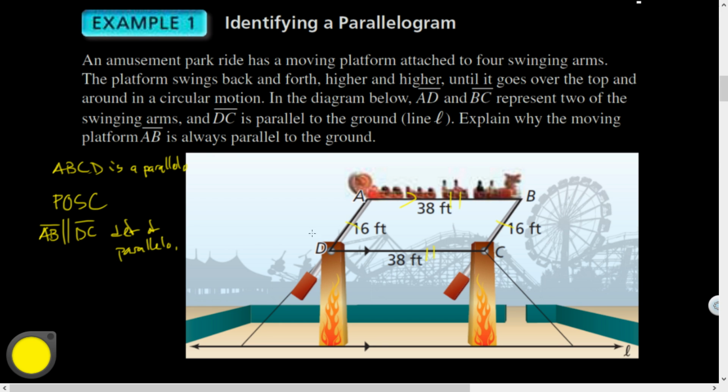And Lauren, didn't we have like a parallel lines transitivity or something? I think so. AB is going to be then parallel to L. And I'll just say parallel lines transitivity. It was something like that. You guys all know what I'm talking about.